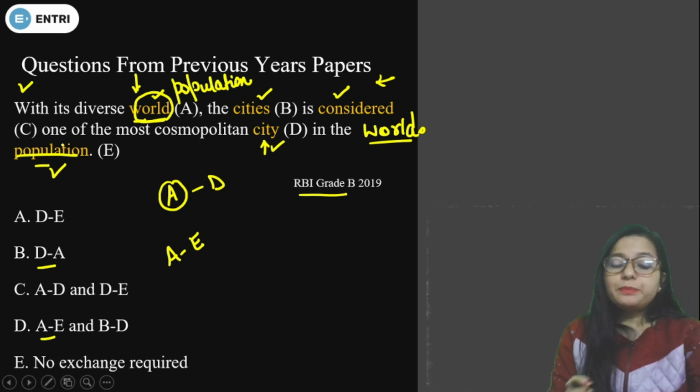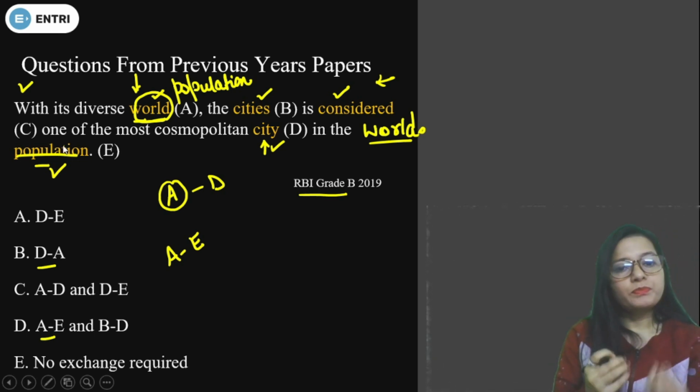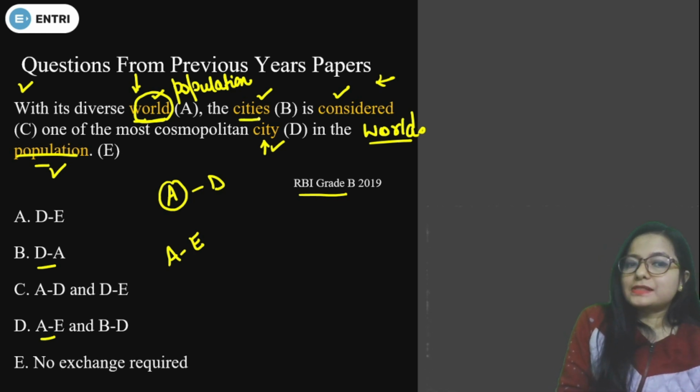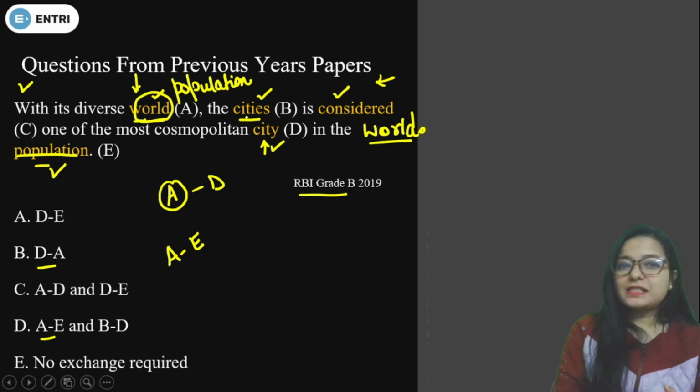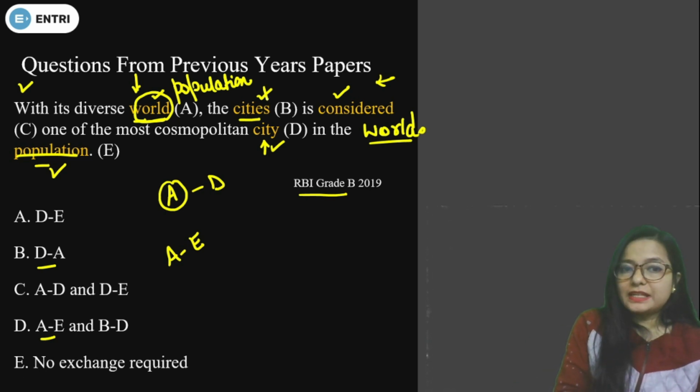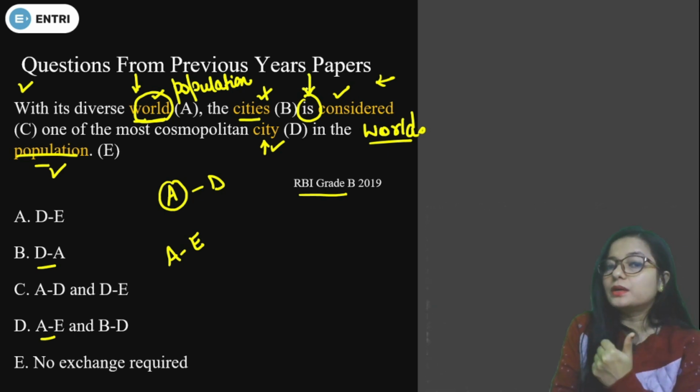It means the population has diversity. But what do you think about these cities? With its diverse population, the cities is considered. No, you cannot write cities here. Why? Because it has this verb which is singular. How can you write cities with a singular verb?